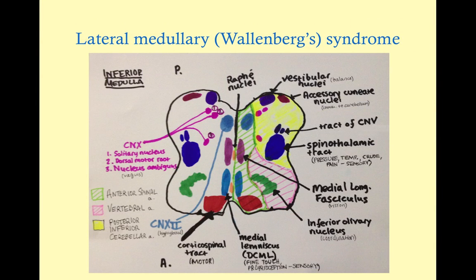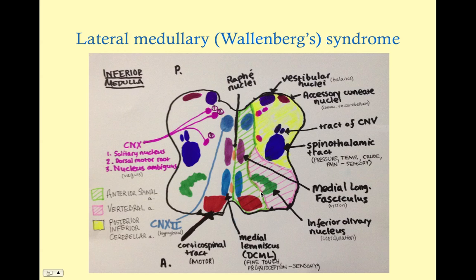So here is your inferior medulla, approximately where the infarct would affect. So here's this little diagram. It kind of looks like a little butterfly here, but I drew out the important landmarks. So this is anterior down here, or ventral, and this is posterior here.